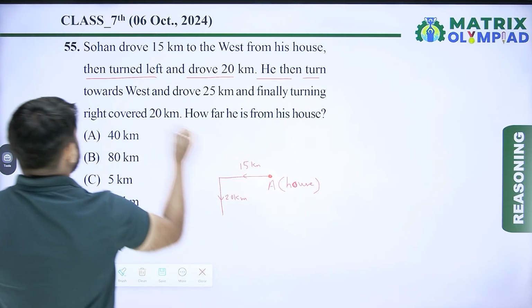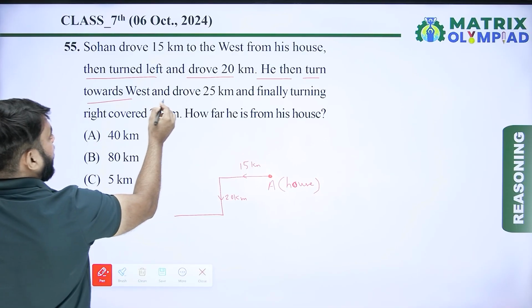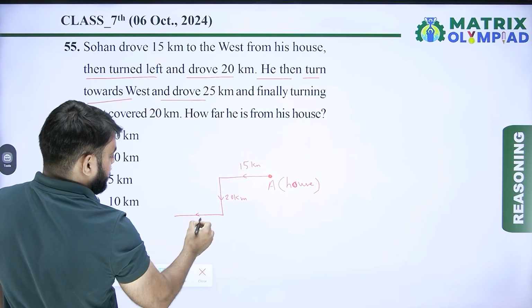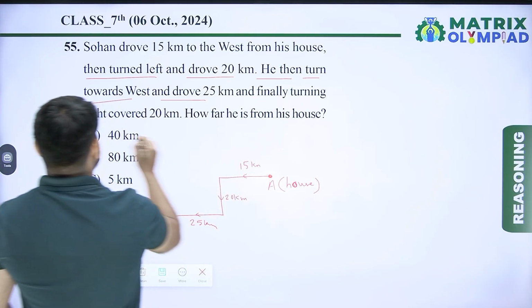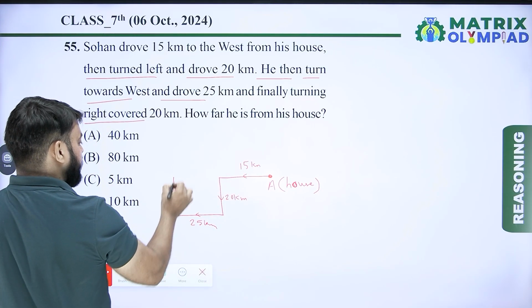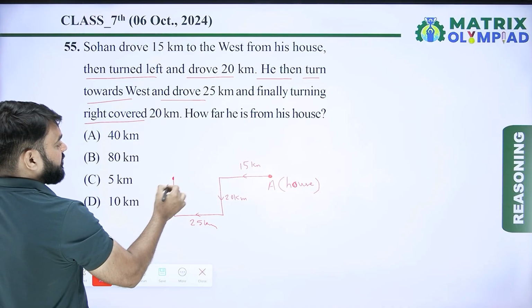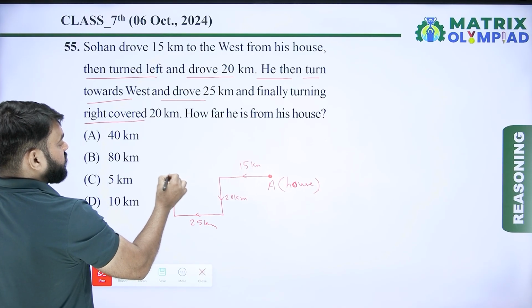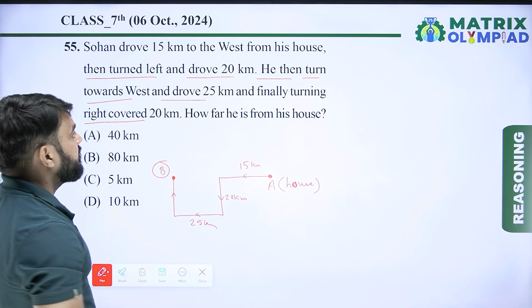He then turns towards west, this is the west of Sohan, and drove 25 kilometers. Finally turning right, he covered 20 kilometers. So let's suppose B is the final destination of Sohan.